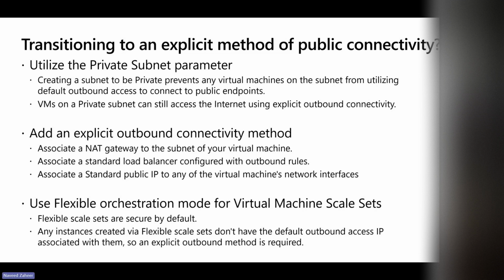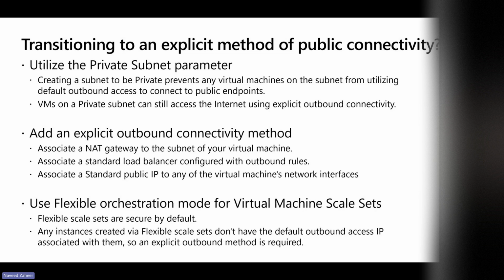So the best thing you can do right now is start going through your applications, looking at where you are using explicit IP, and start taking advantage of the private subnet parameter. That is GA, that we have talked about in the past. Once you do it, it will block outbound access from your subnet.